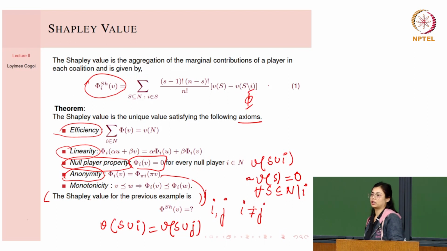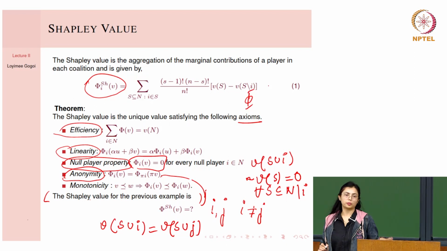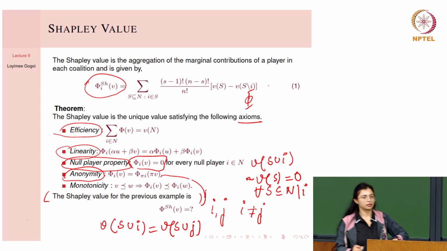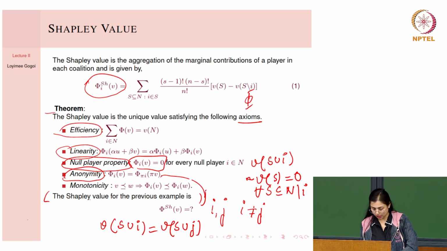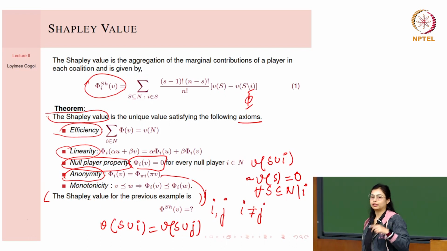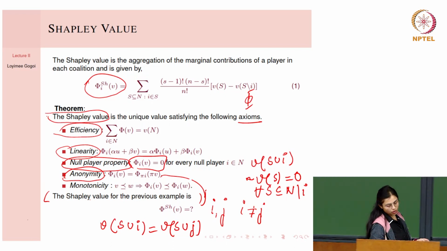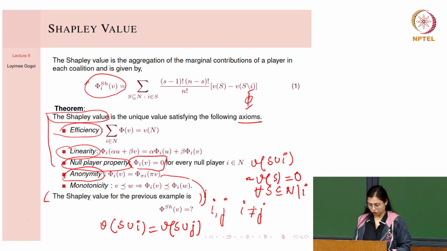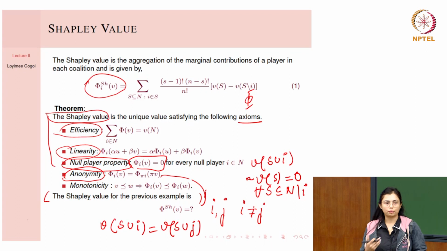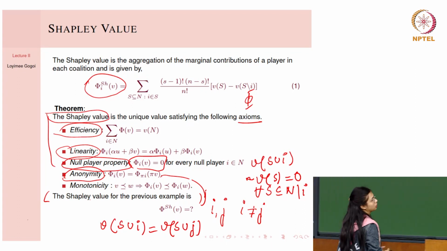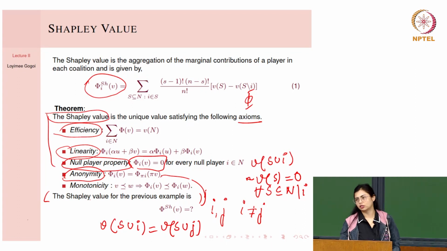Suppose there is an allocation rule phi, and it satisfies these four properties, then it is the only allocation rule that satisfies these four properties together. So this is one axiomatization for the Shapley value. There are a lot of axiomatizations for the Shapley value, but this is the original one, first introduced. The Shapley value has a lot of applications in airport games, in queuing theory, and in biology also. Okay.